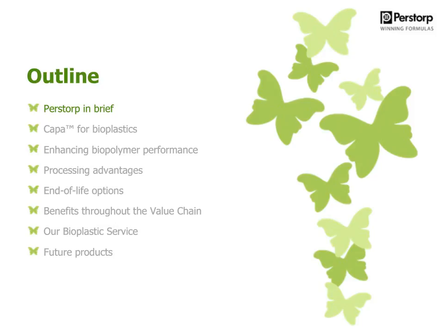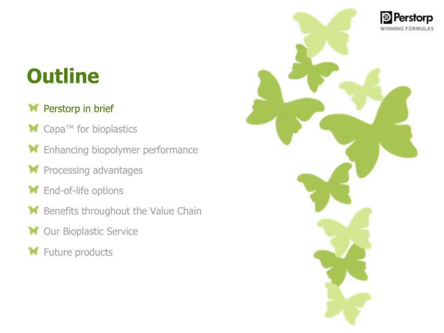And then I will move on to the processing advantages of using these products and how you can incorporate them to find the optimal performance. And then moving on to end-of-life options and see what we can offer there. And in the very end, I will go through the benefits throughout the value chain, where we are as a company, the challenges and benefits that we try to cover working in this field, and then wrap up with our bioplastic service and then mention a couple of words about the future products.